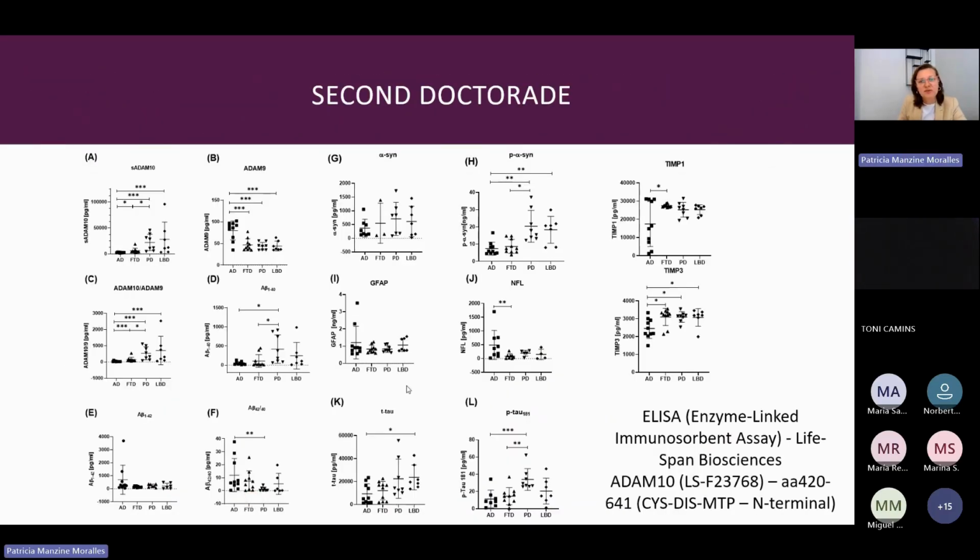Several proteins in plasma, such as ADAM10, ADAM9, A-beta 42, A-beta 40, phosphorylated tau, and total tau, among others that I'm now studying, have already been analyzed among different types of dementia using ELISA kits.